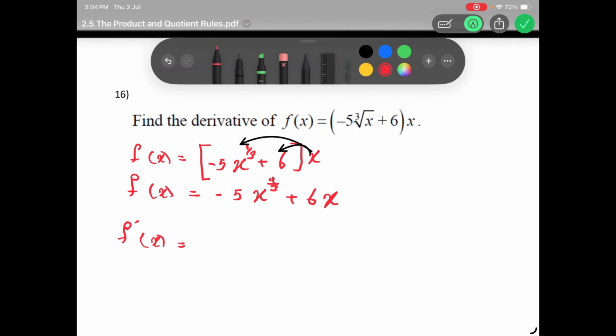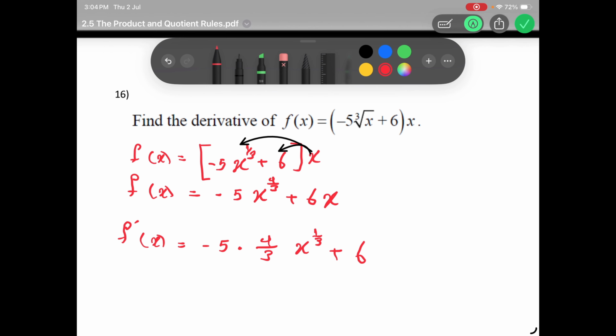So I have here minus 5 times the power of 4 over 3. Then x times, I will minus 1 from this power, so it will be 1/3. 6x, it will be 6.